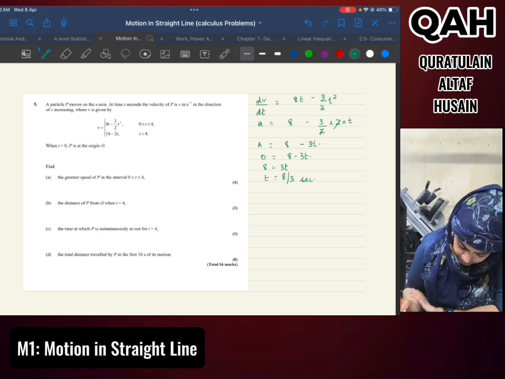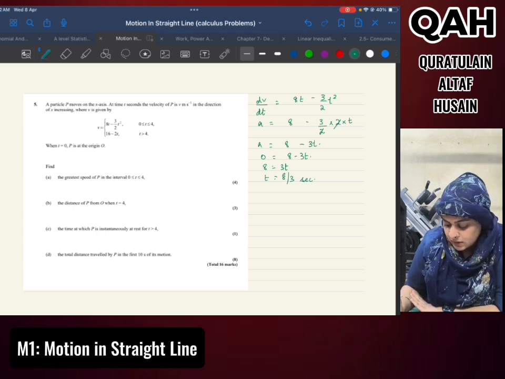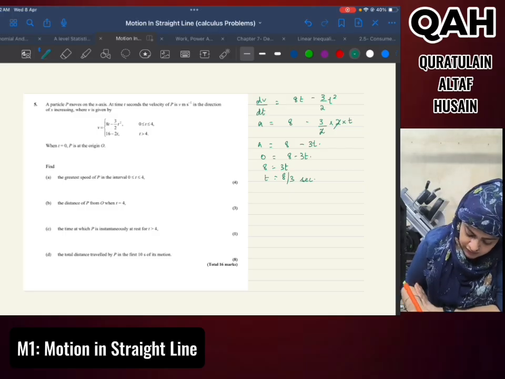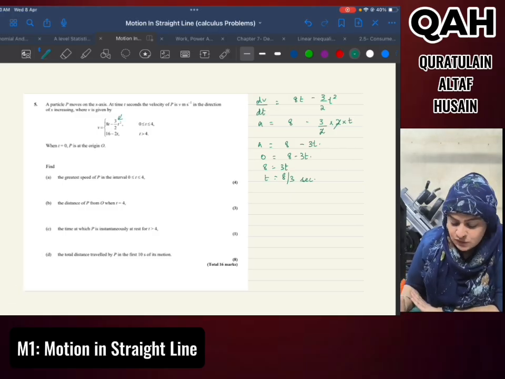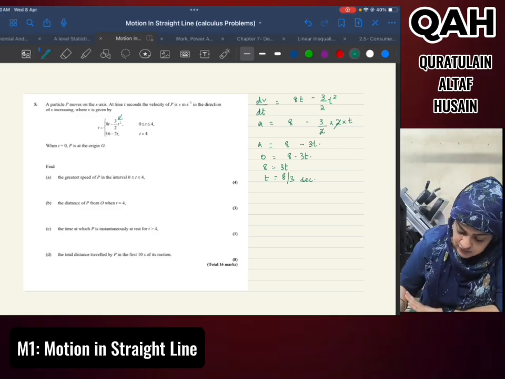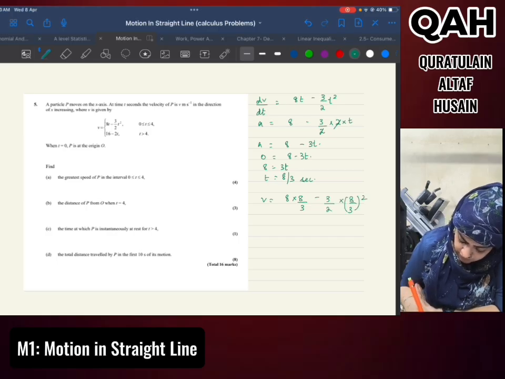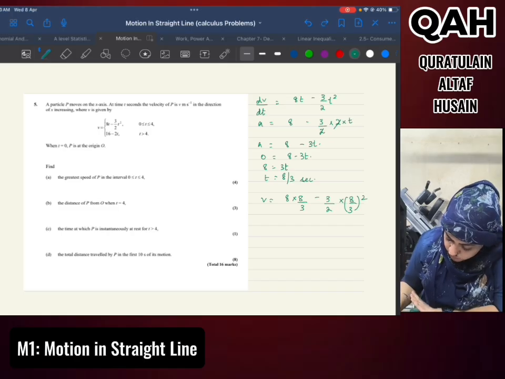Greatest speed in the interval. This is the time. But they have not asked us for time, they have asked for the greatest speed. So what will we do? We will put time is equal to 8 upon 3 in this equation of velocity. So velocity is equal to 8 into 8 upon 3 minus 3 upon 2 into 8 upon 3 square. Same equation that is given in the question.